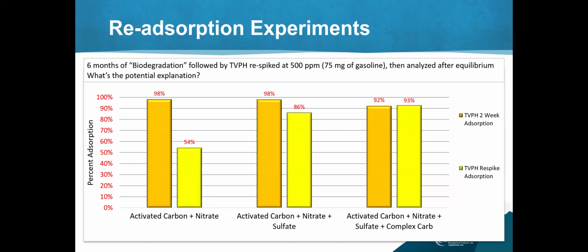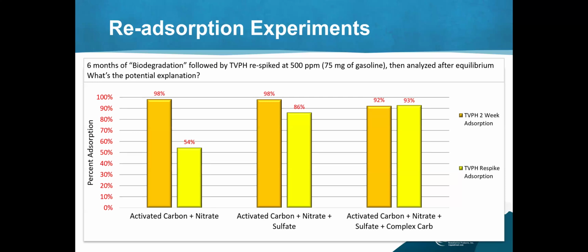And what did we find? In that which had nitrogen only, the base that we started with, we had 54% absorption. With the activated carbon and nitrogen and sulfate, we had 86% absorption. When we added the complex carbohydrate, we had 93% absorption.